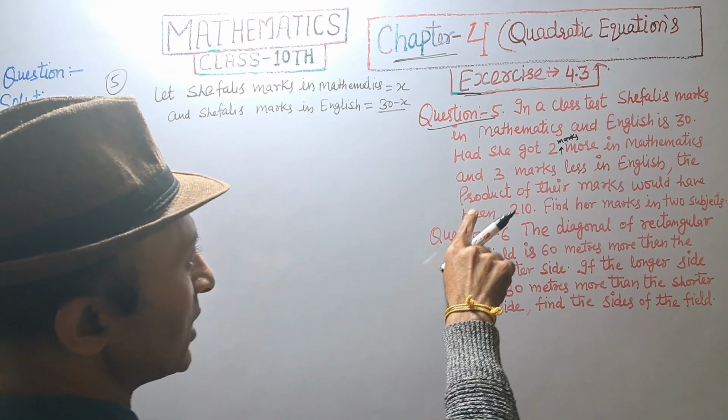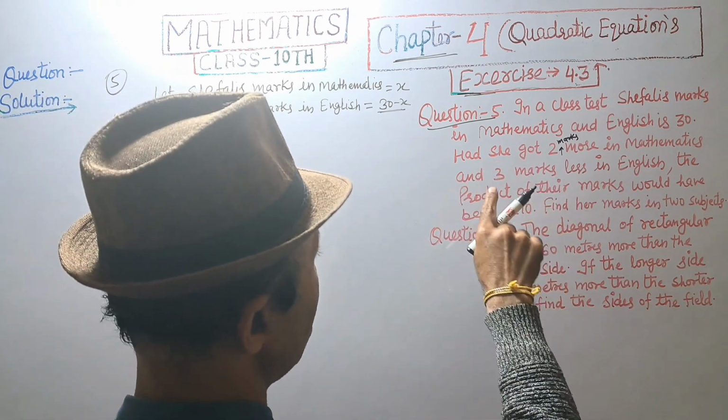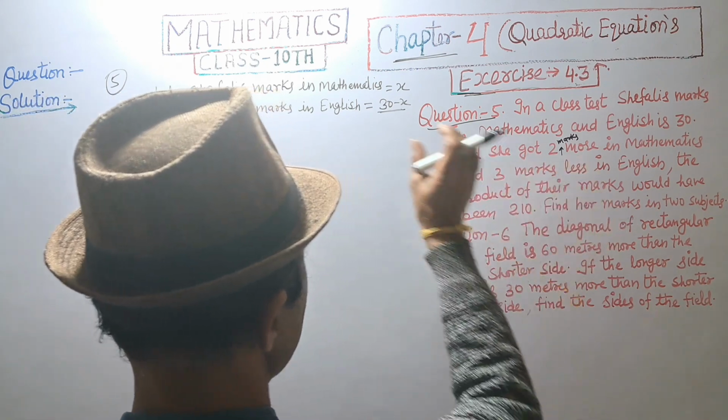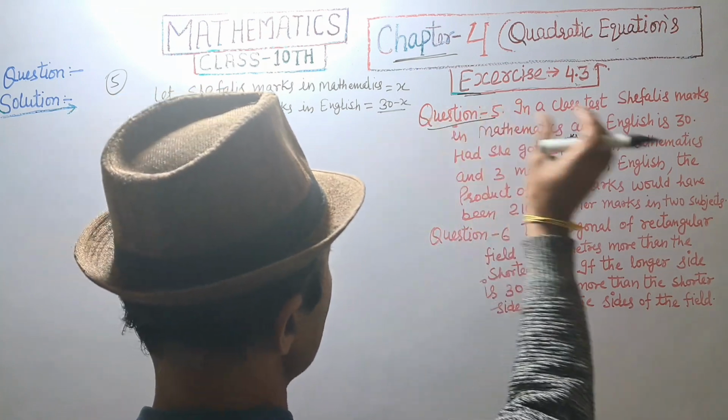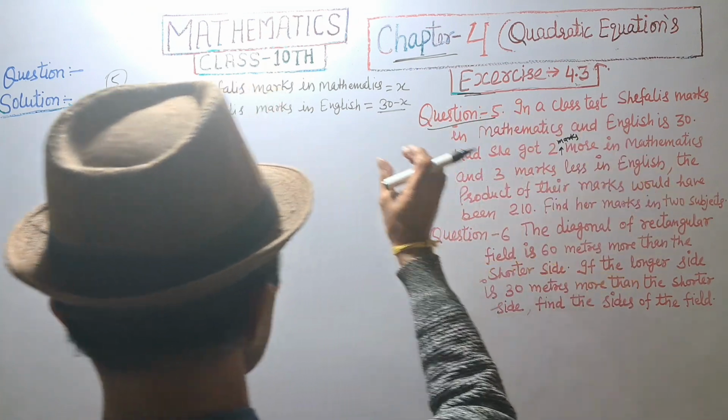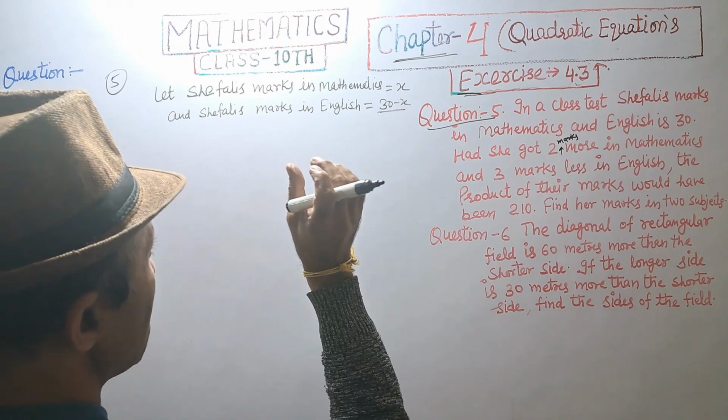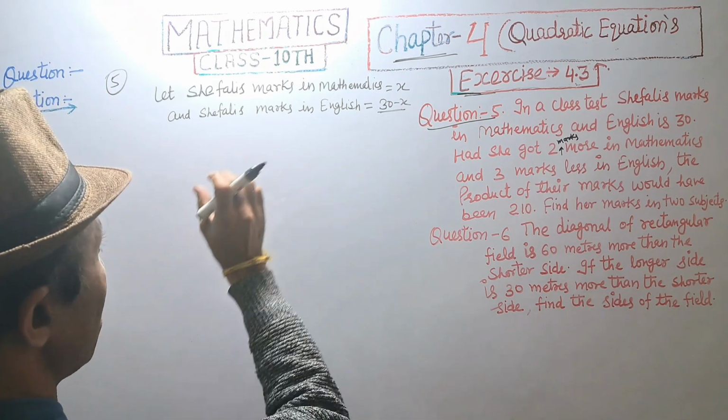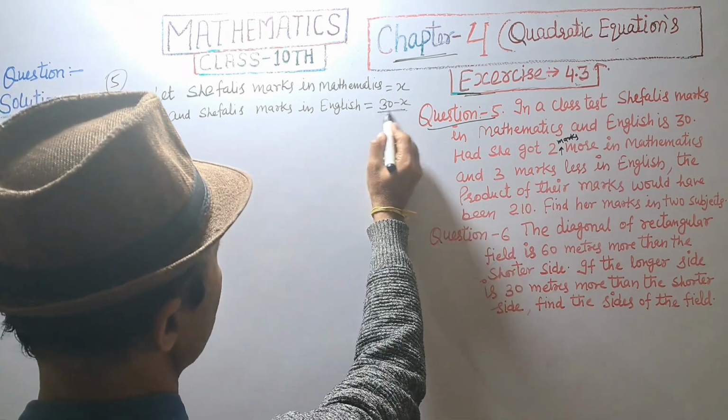In a class test, Shefali's marks in mathematics plus English is equal to 30. So Shefali's marks in English equal to 30 minus x.